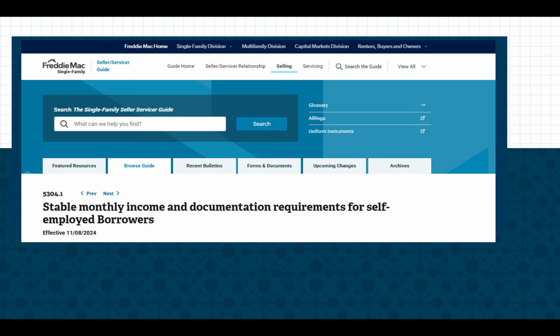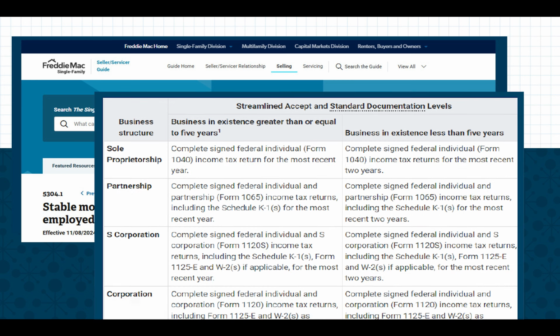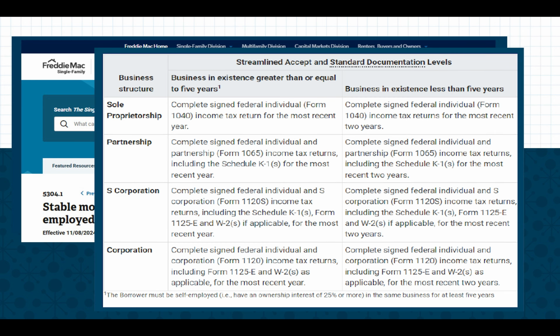In Freddie Mac's Selling Guide, Section 5304.1, the documentation requirements for self-employed borrowers are outlined. Freddie Mac bases their decision as to what documentation is required on how many years the business has been in existence. Notice the highlighted area. The borrower must have had an ownership interest of 25% or more in the same business for at least 5 years.